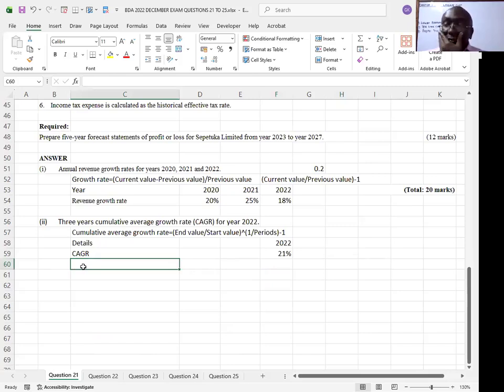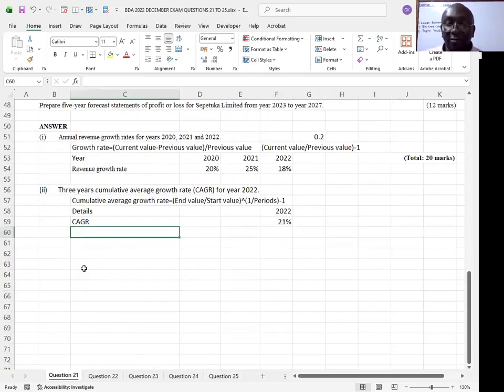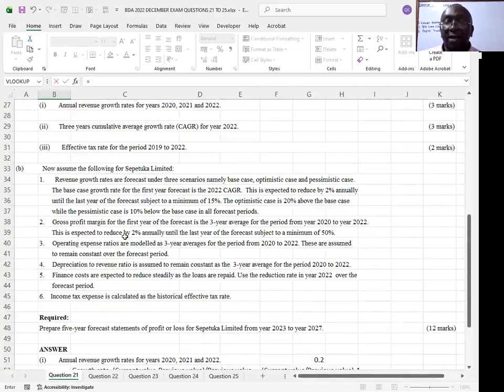Haya, so we have that. Let's now bring the third requirement. A third requirement is effective tax rate.